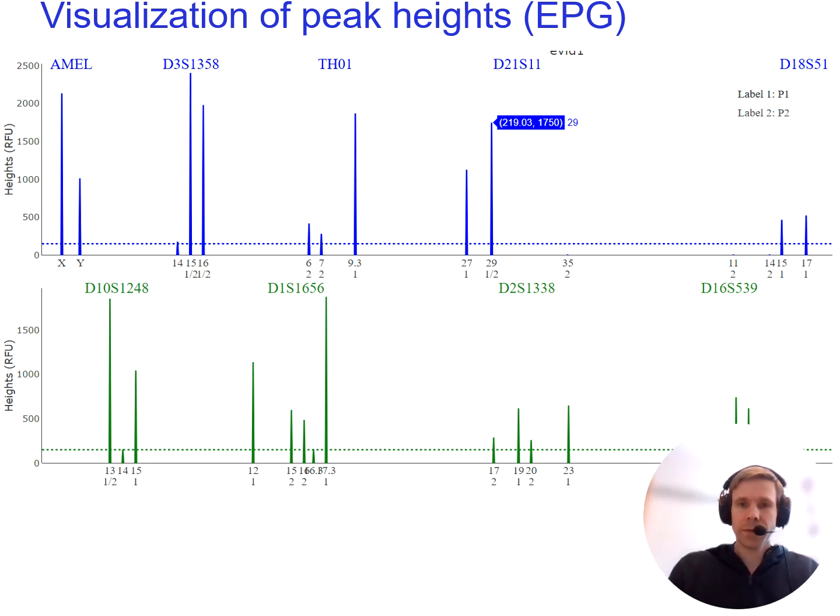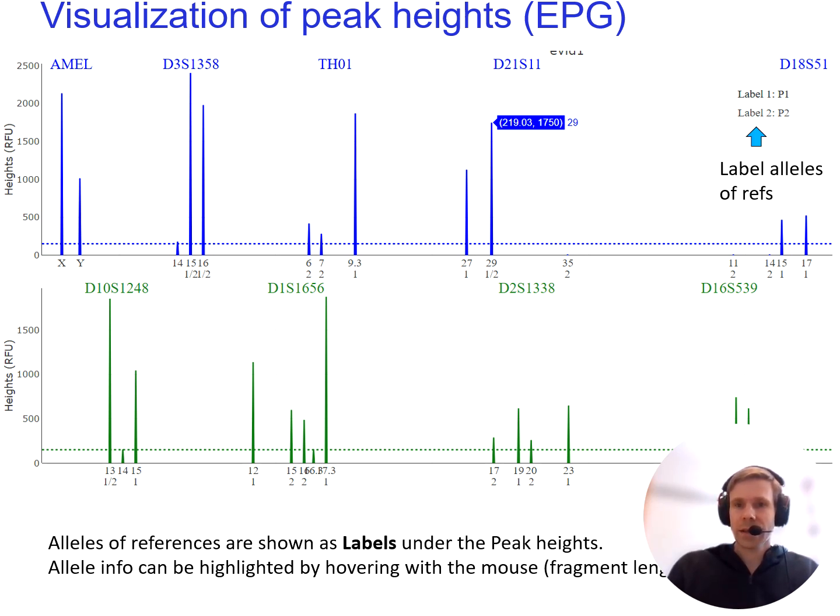What's very useful is to view the visualization of peak heights, like an EPG. And here you can see the references P1 and P2. These will be labeled as 1 and 2 under each of the alleles they have. So for instance, the 15 and 17 alleles here are labeled 1 because P1 has 15 and 17.